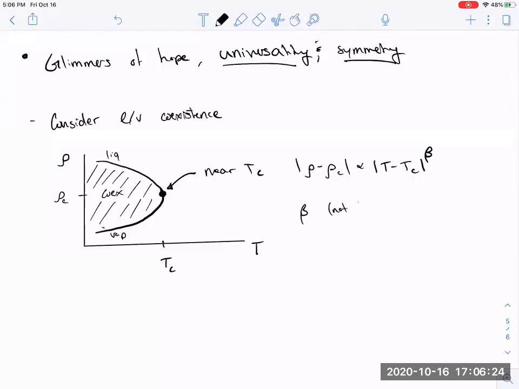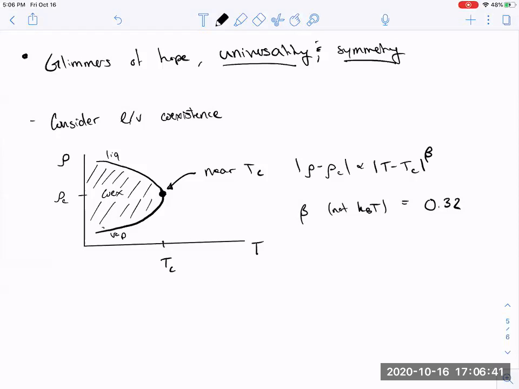Now that's not Boltzmann's beta, not 1 over kBT, rather a number, 0.32, to which you say, well, for what liquid and what vapor?